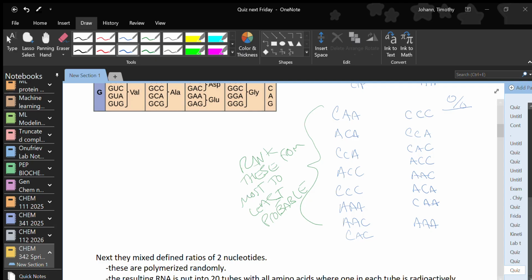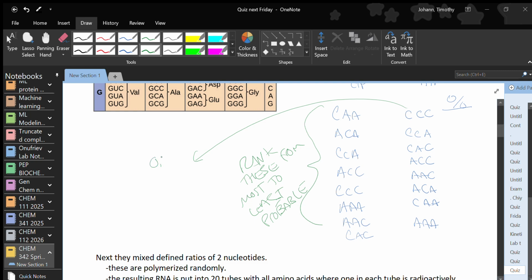Okay. So what's the probability of CCC? It's 0.8 cubed.